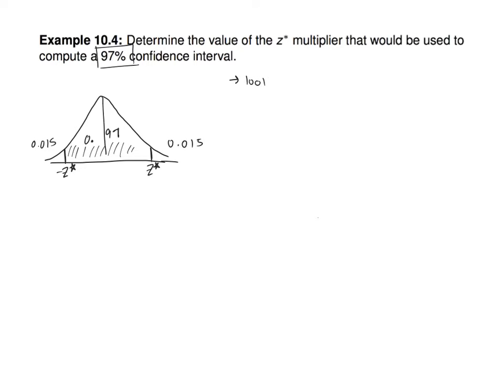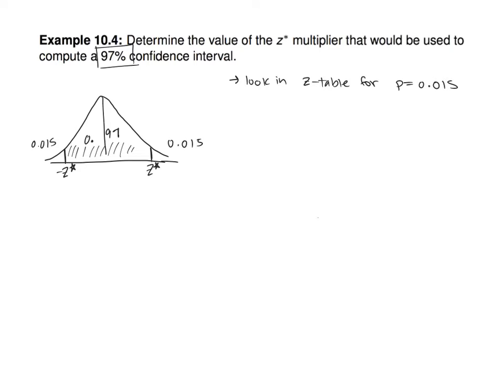Okay, so look in your Z table for a P equal to 0.015. The thing that's different now is that you're looking inside the table and figuring out what z it came from. So look at the negative half and look for 0.015, or as close as you can get.